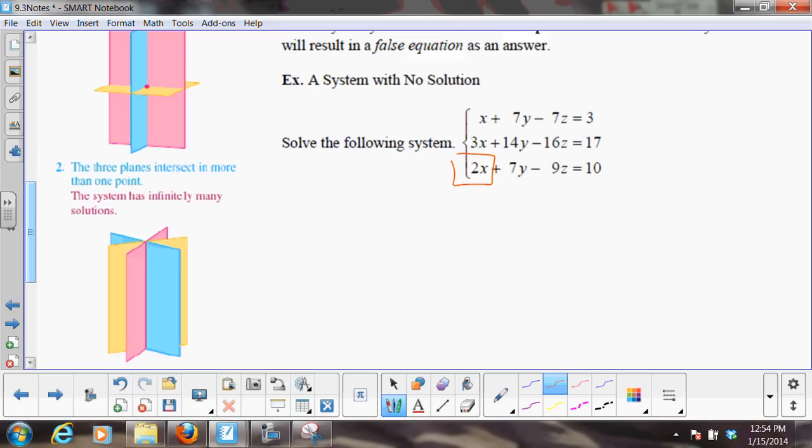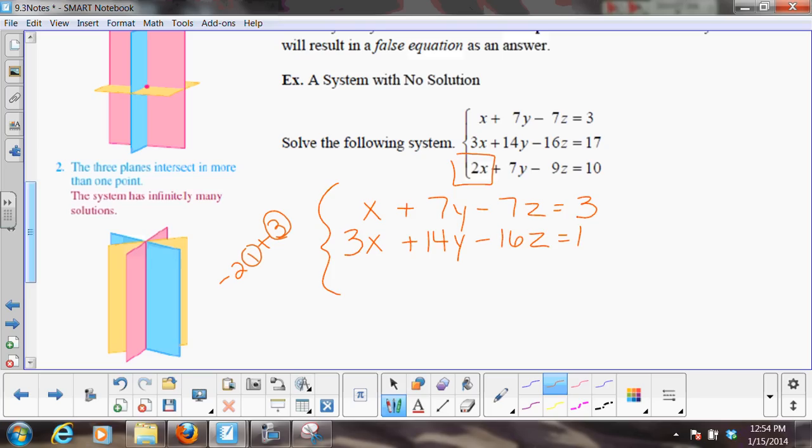I need to get rid of that 2x first. So I'm going to multiply negative 2 times row 1 and add it to my row 3. Going to recopy my 2 rows. I'm not actually going to change. So negative 2x plus 2x goes away. Negative 2 times 7, which is negative 14.